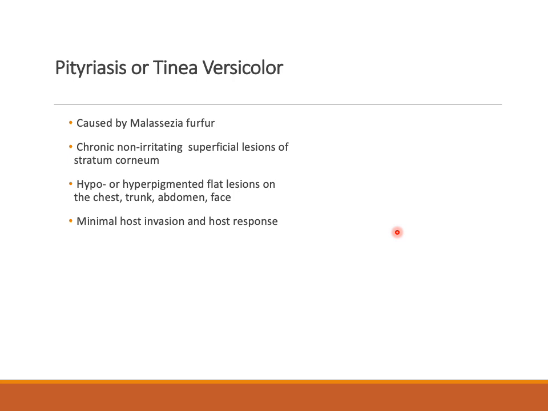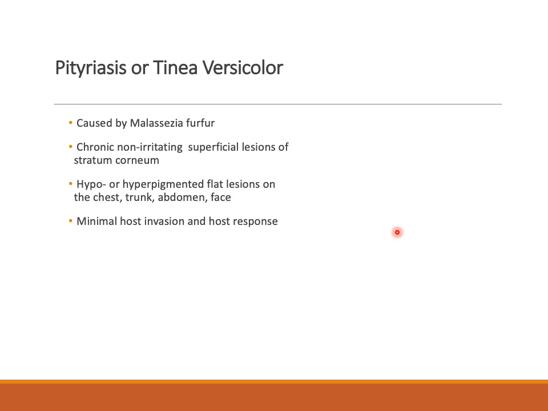In more fair skin, like in Caucasians, they usually become hyperpigmented. The lesions are found on the face, the chest, the trunk, and then the abdomen.